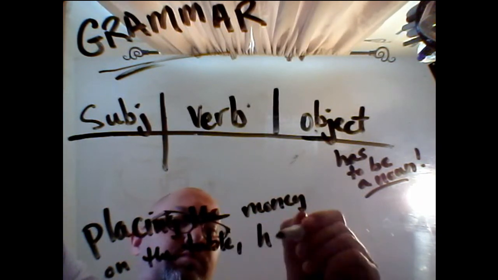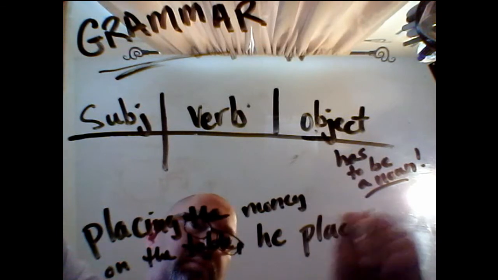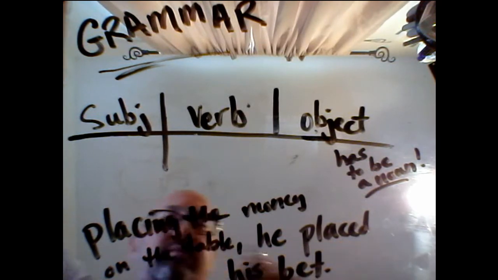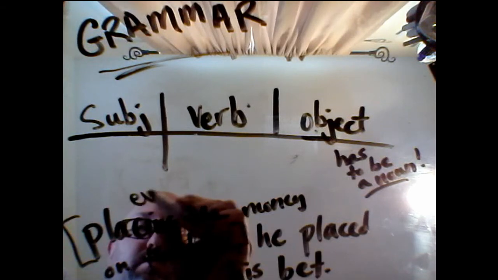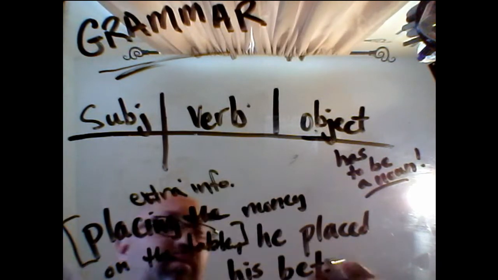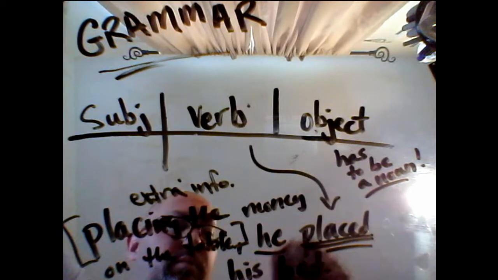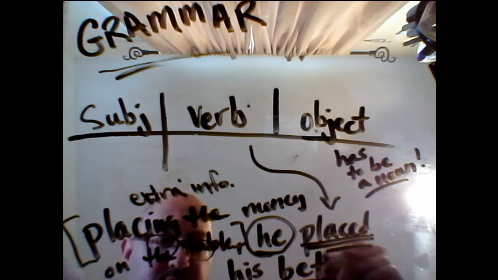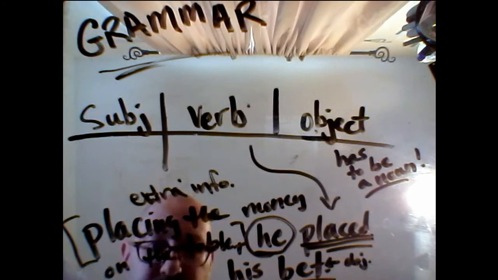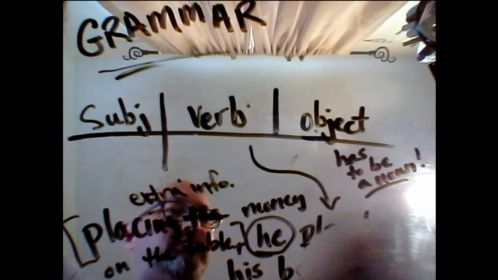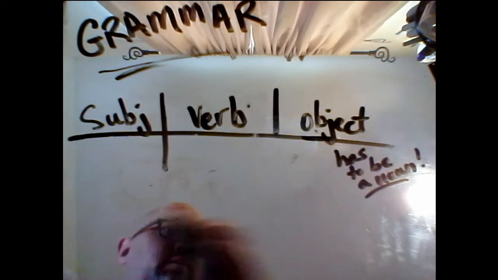Now, placing the money on the table, he placed his bet. Now, here we have a whole bunch of information. Now, placing his money on the table, that's just extra information because we know our subject is he. He is a noun. He is what is doing the placing, right? So he is our subject. Placed is the verb. His bet is the object. And again, his bet is a noun, so it certainly can be an object.